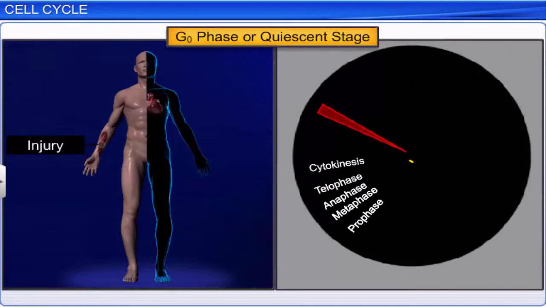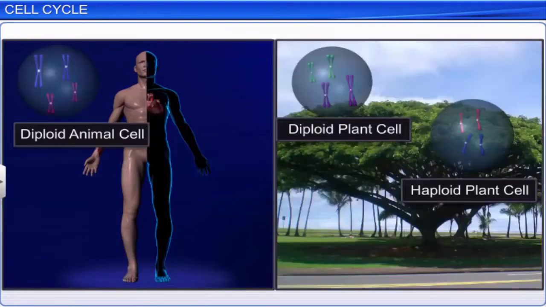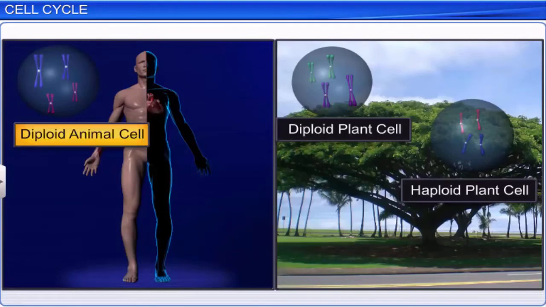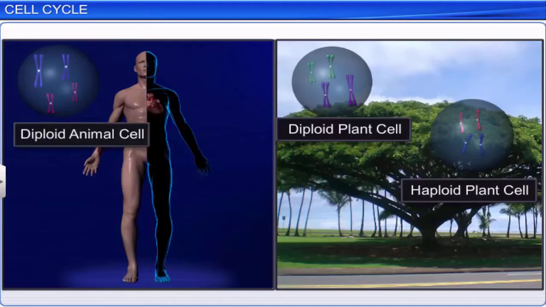Cells in this stage remain metabolically active but proliferate only when the need arises. Moreover, in animal cells, mitotic cell division occurs only in diploid somatic cells, whereas in plants, it is seen in both haploid and diploid cells.